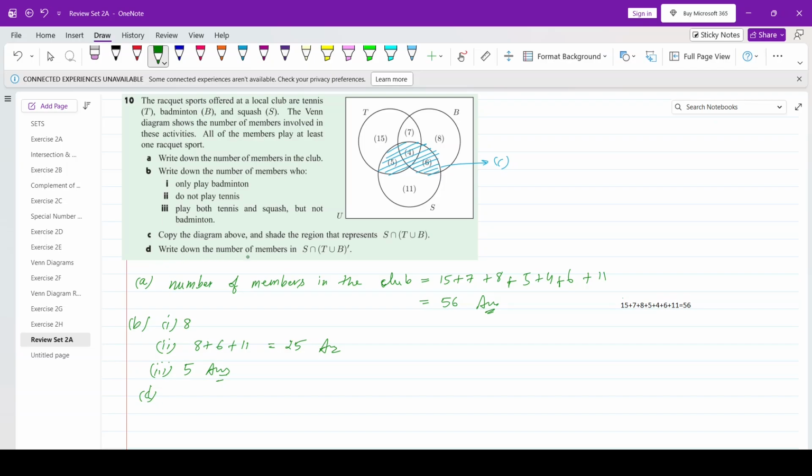Now let's move on to part D. Write down the number of members in S intersection T union B whole prime. So T union B complement: T union B is this region, and its complement is going to be only this region, this 11 part.